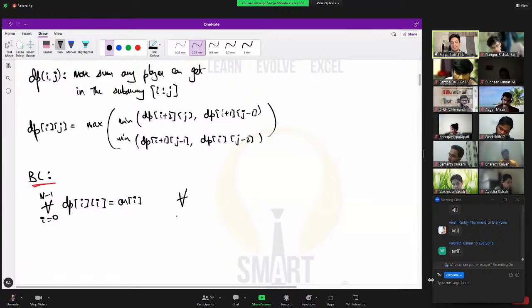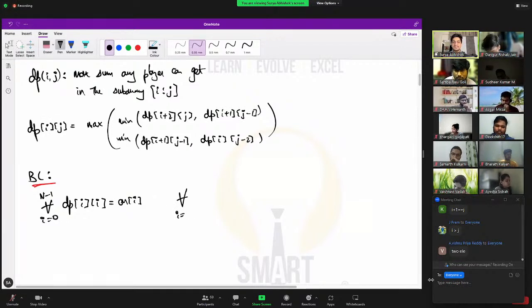But that is not a sufficient base condition. We need another base condition, which is, perfect, not i greater than j, but i plus 1 equal to j, which means only two elements are there. Exactly. If there are only two elements, then what do we do?